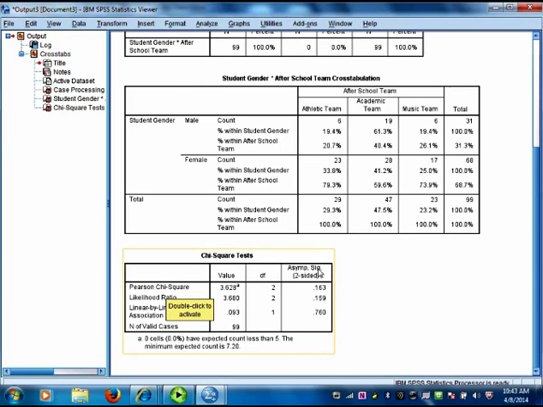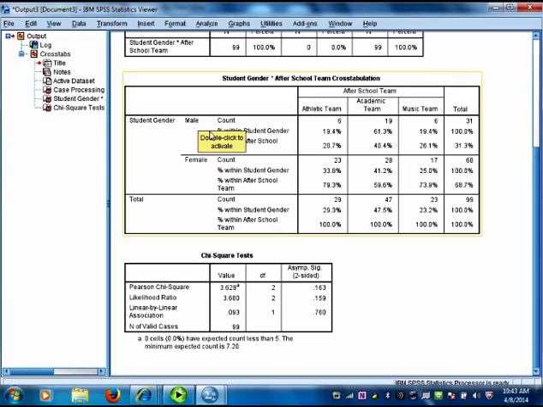The sig means the p-value. So in this case, I have to say there is no significant representation of female students participating in athletic groups, and there is no overrepresentation of female students representing academic teams or music teams.